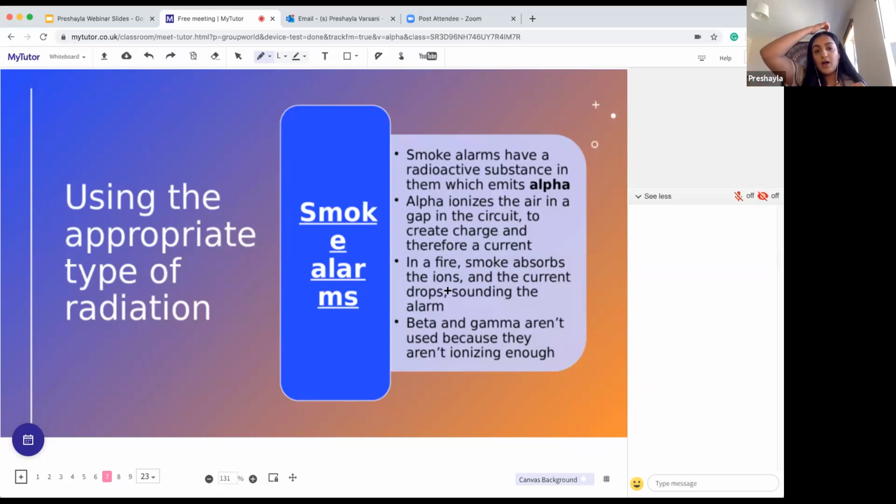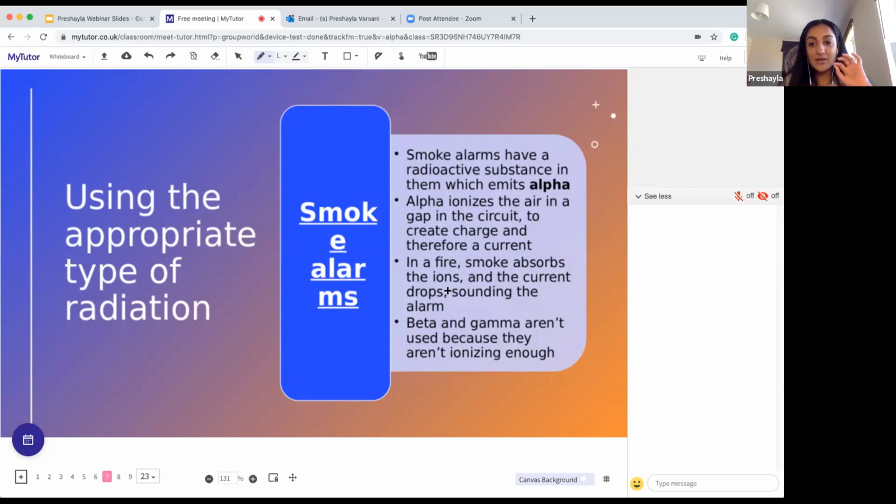So smoke alarms have a radioactive substance in them. Again, could be beryllium, could be lithium, whatever, as long as it emits alpha in its majority. Okay, so we want an alpha emitting source in our smoke alarm.